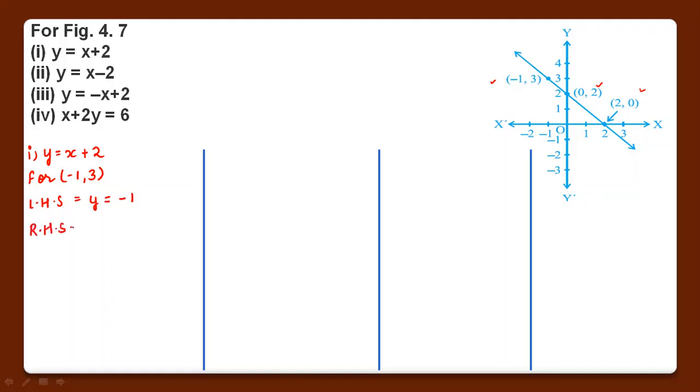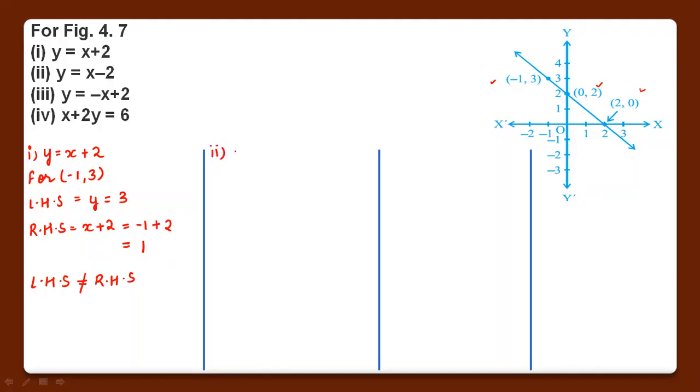RHS is equals to x plus 2. y coordinate हमारा 3 था, x है हमारा -1 plus 2, that is 1. LHS is not equals to RHS. तो ये वाला तो हमारा डिस्क्वालीफाई हो गया.